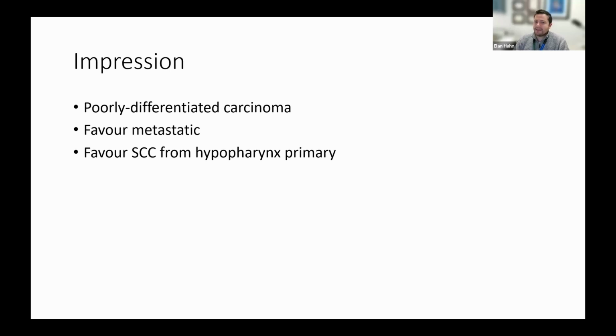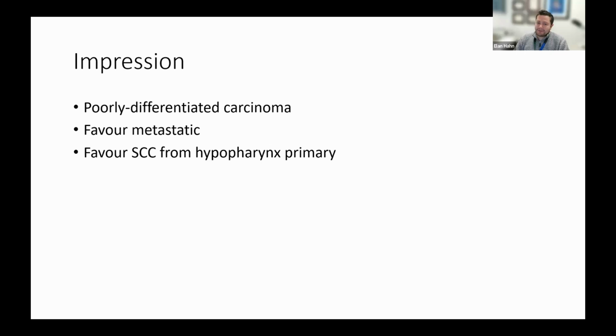And the dominant mass here measured 14 centimeters. It was infiltrative. There was no lymph node tissue identified with the mass, but given its location in the neck, that we have a primary source that's ipsilateral, accompanying positive nodes, we favor that it represents a metastatic lymph node or multiple matted lymph nodes.